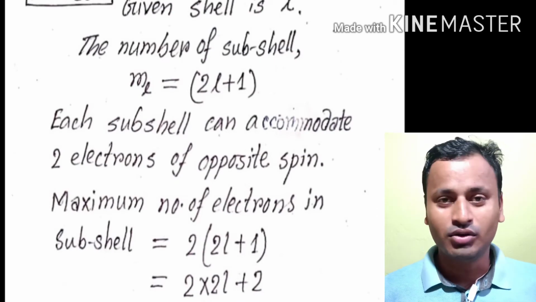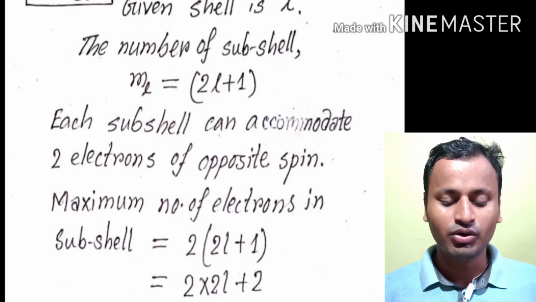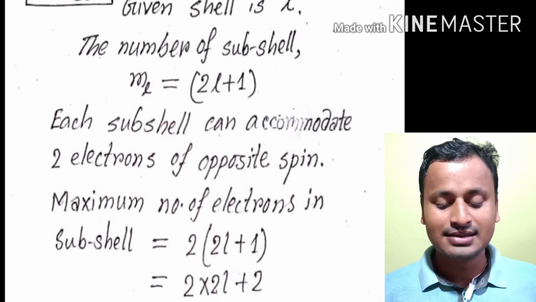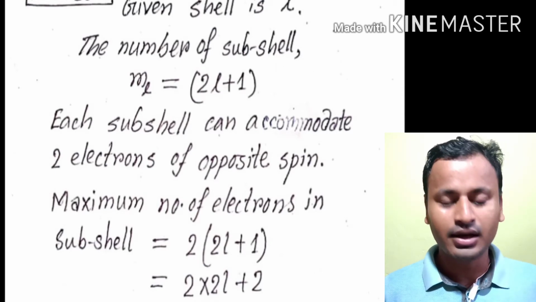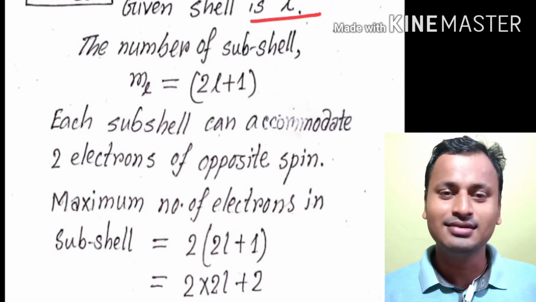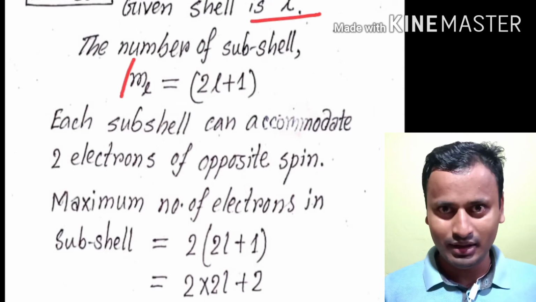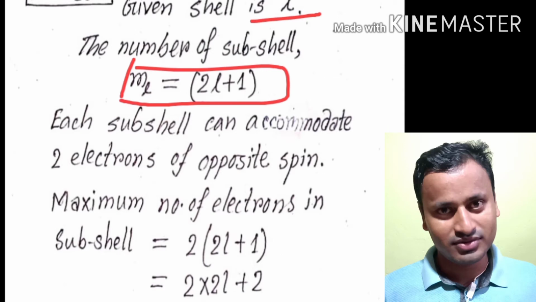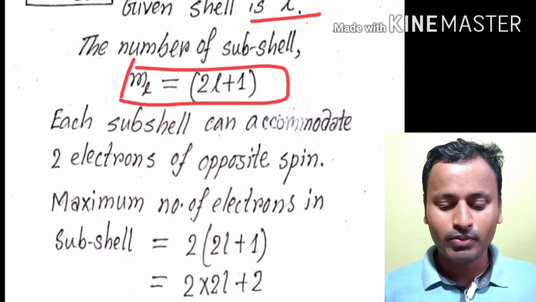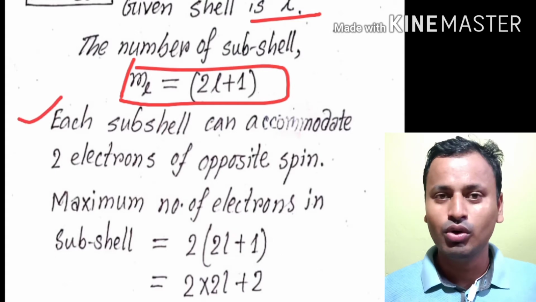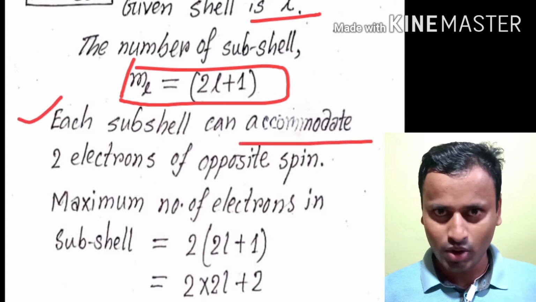We see question number 3, where the shell is denoted by L. What is the number of orbitals in a subshell? Ml is the number of orbitals, with azimuthal quantum number L. So Ml equals 2L plus 1.